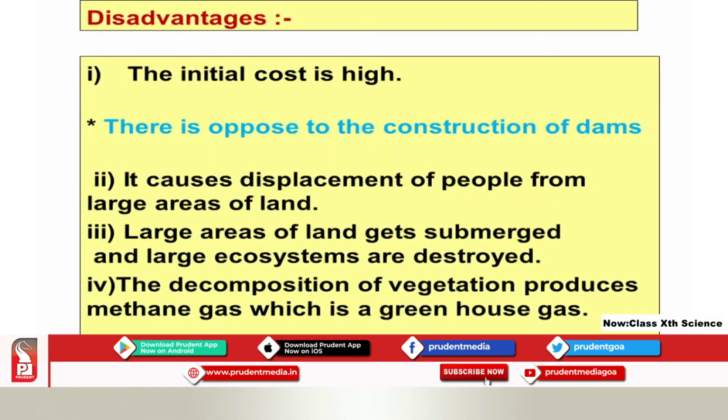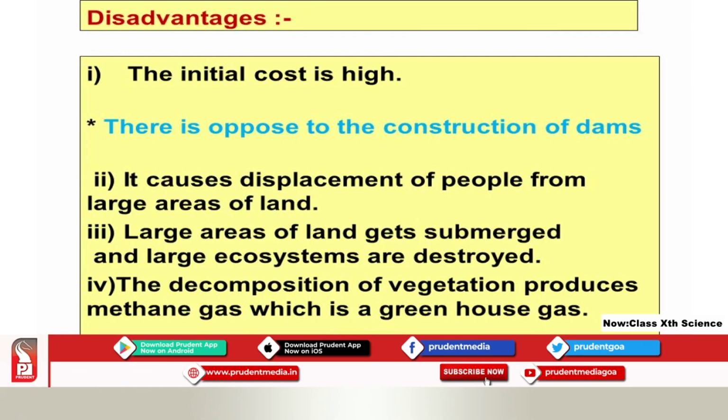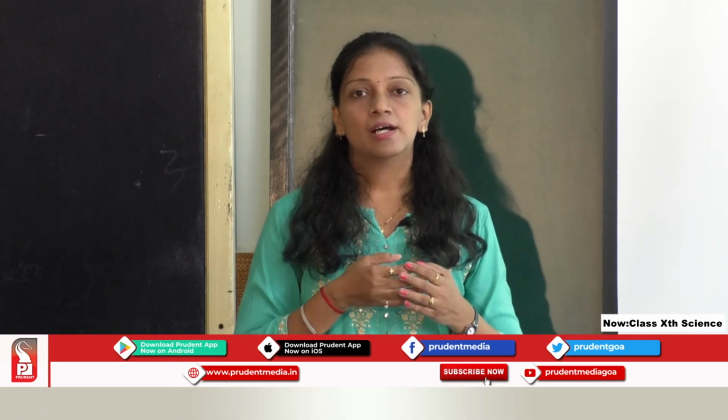Second point, there is opposition to the construction of dams. You must have heard about Narmada Bachao Andolan or many other examples wherein people do oppose construction of dams. Okay, what is the reason? Why do people oppose? The first reason is it causes displacement of people from large areas of land. Whenever construction of a dam is to take place, it requires a very huge area.